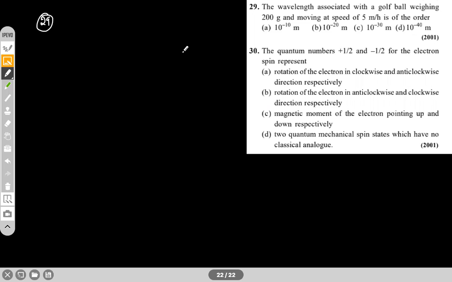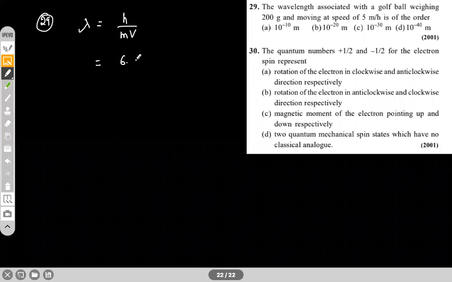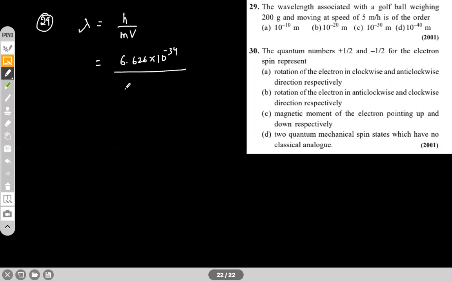Okay, so how do we do this? We know wavelength lambda associated with any moving object of mass m is h divided by mv. Here h is the Planck constant, the value is 6.626 into 10 to the power minus 34, divided by m, which is 200 gram, the mass that we have.